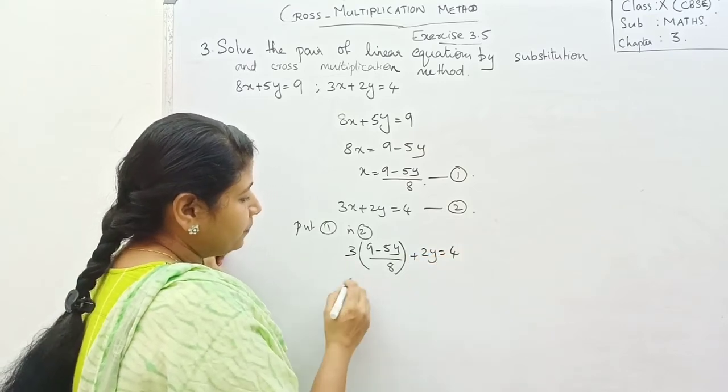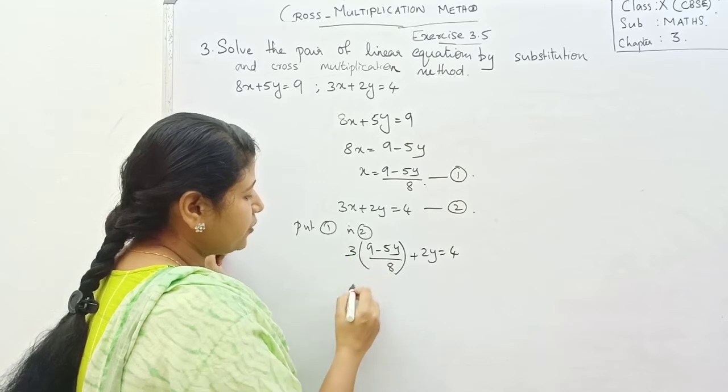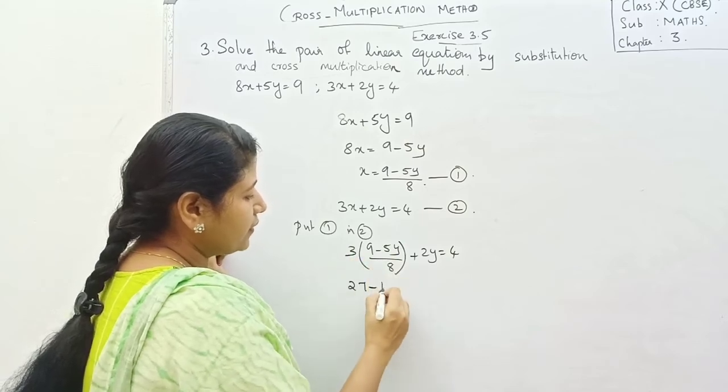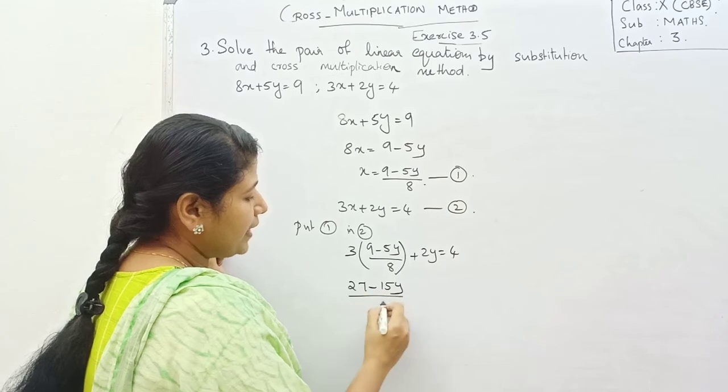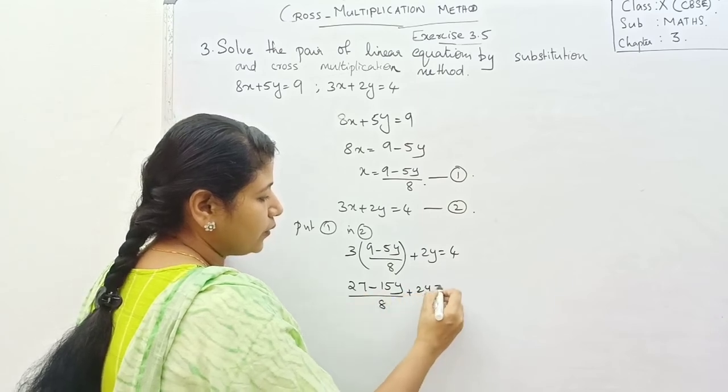Now we can multiply. 3 into 9 is 27, minus 3 into 5 is 15y, by 8, plus 2y equal to 4.